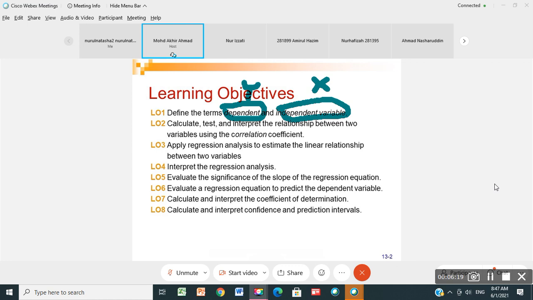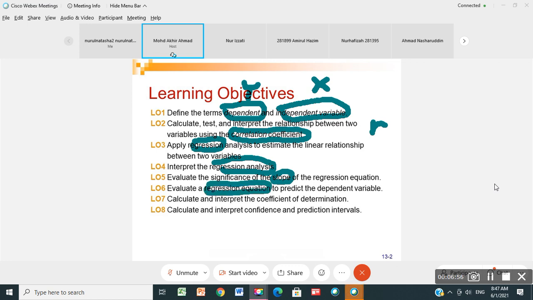So this one we will learn about the correlation coefficient. I mean, what is a relationship? It's measured by small r. So this small r they call correlation coefficient. So that means we have two variables. Then we do the regression analysis. Then we interpret the result. What is a regression analysis? Then we will study the slope by the model, then the regression equation.